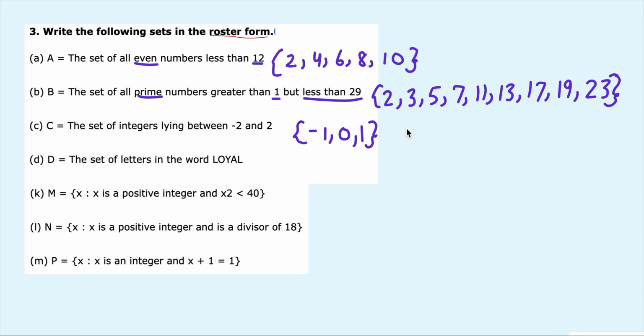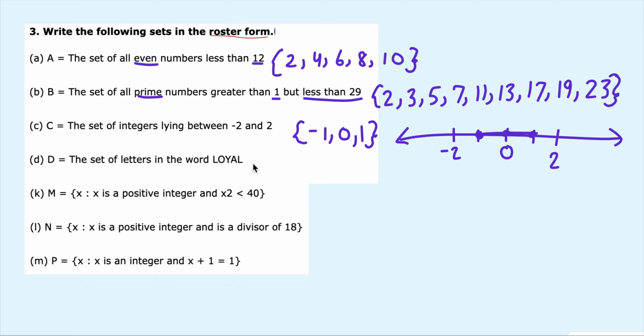We could also see this on a number line. If this is 0, this is 1, this is negative 2, 1, 2, the numbers lying between them would be negative 1, 0, 1. So these numbers would be the answer.